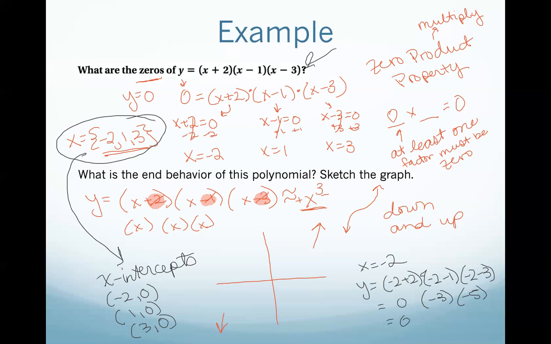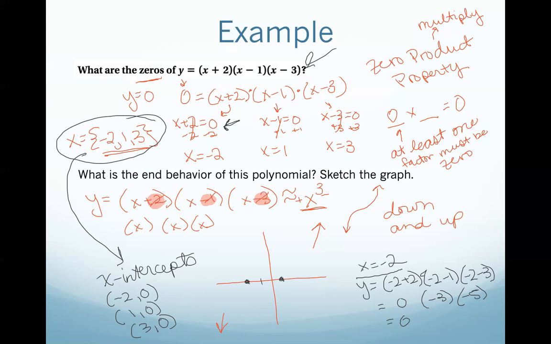So really, when I substituted x as negative 2, I already knew that it was going to be 0, because isn't that exactly what we solved for in the step above? So I'm going circularly. We had the function, we solved for the value of x that would make y 0, so we know that has to be an x-intercept. And then I checked my work, that that really is an x-intercept, by substituting the value back into the function. Okay, so I know that negative 2, 0 is a point on this graph.